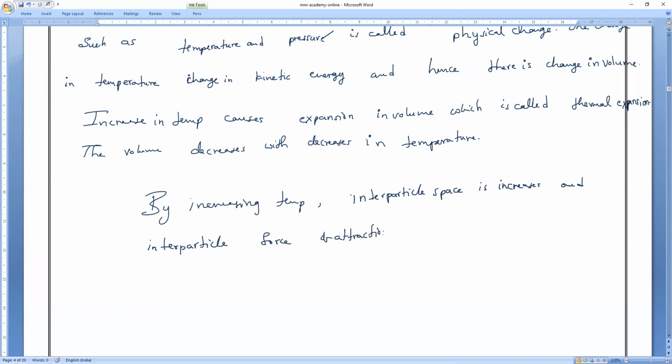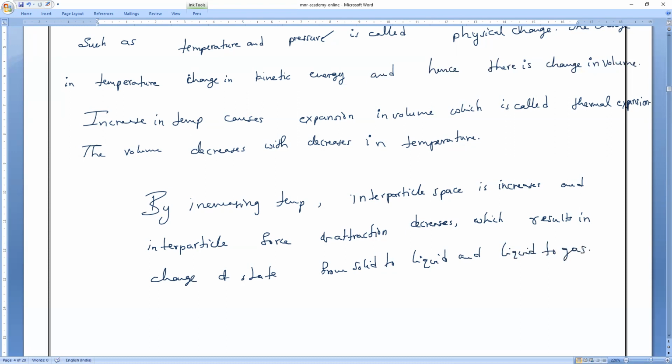Because of this only, it results in a change of state. Change of state from where to where? From solid to liquid, and liquid to what?